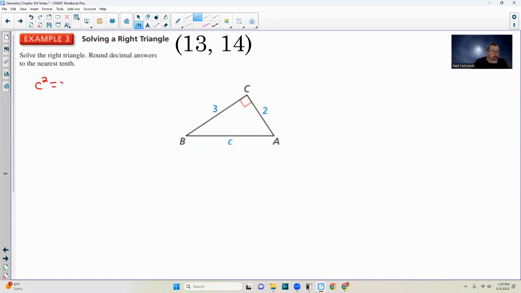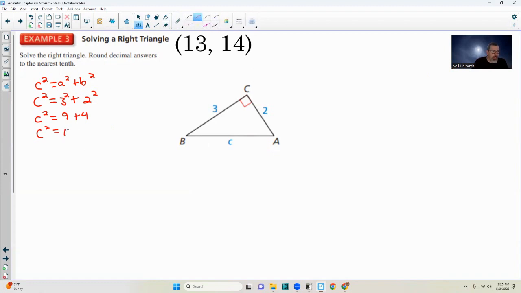C squared equals A squared plus B squared. Don't know C. A is opposite angle A, that's 3. B is opposite angle B, which is 2. So C squared equals 3 squared plus 2 squared. So C squared equals, oops, I mean 13. C squared equals 13.